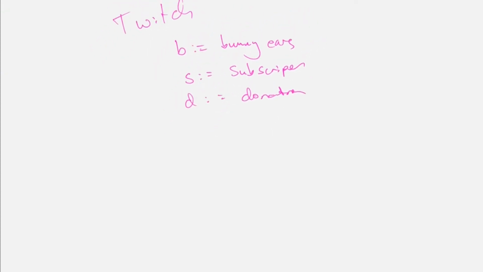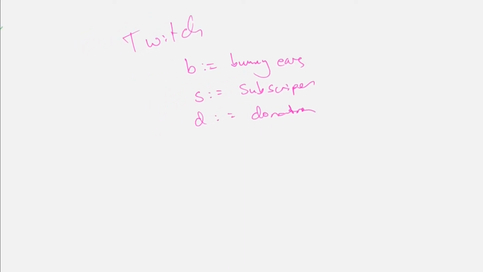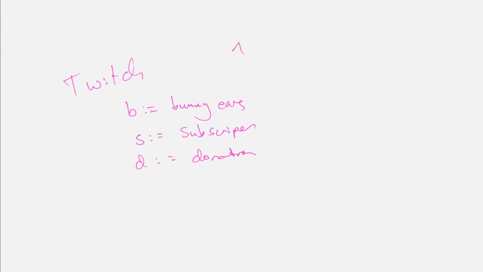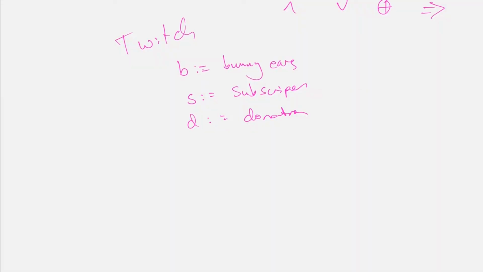So we can now write out sentences using the notation we learned earlier. The and, the or, the XOR, the implies. So let's apply to this statement. I will wear bunny ears on Twitch if I receive a new donation or if I get a new subscriber. Okay, so subscription or donation, that's our or.